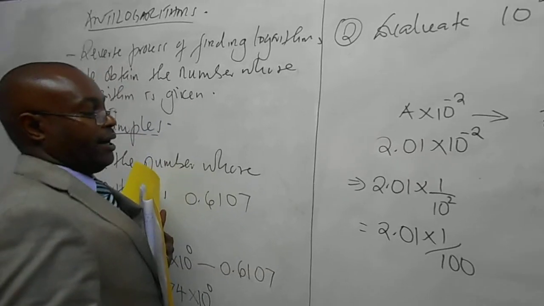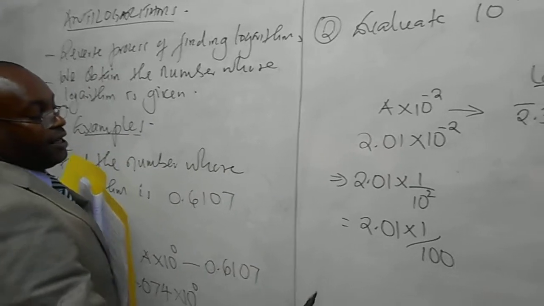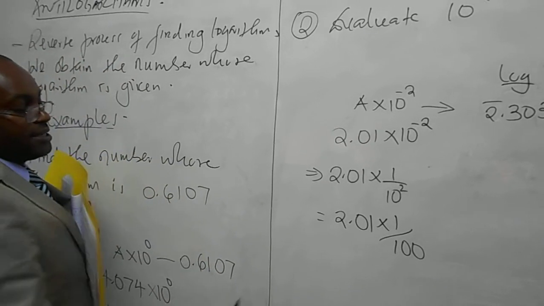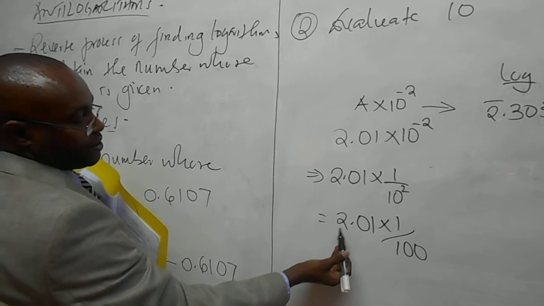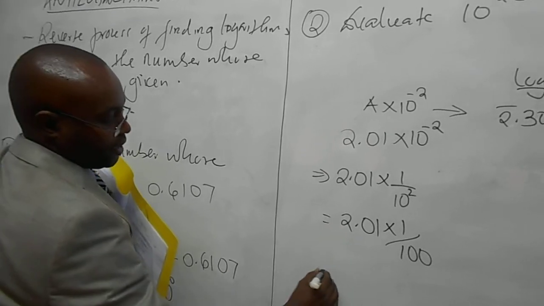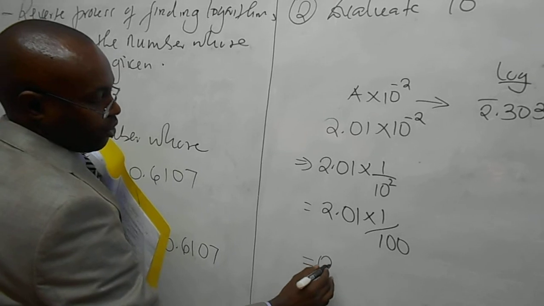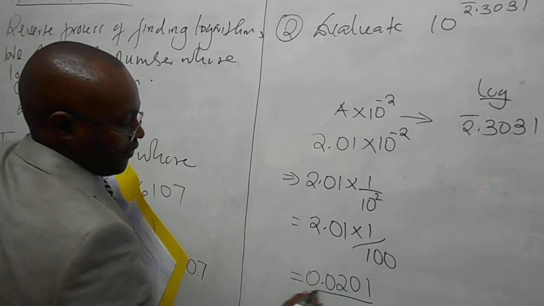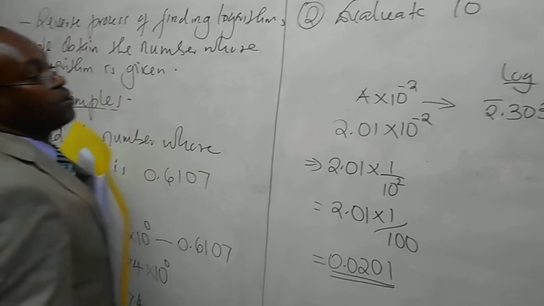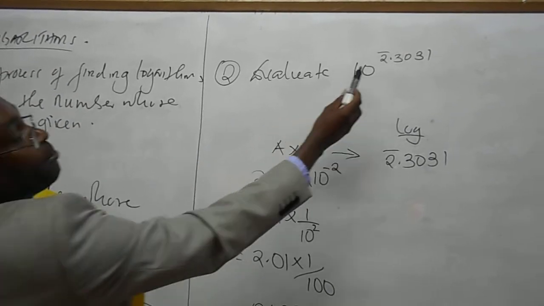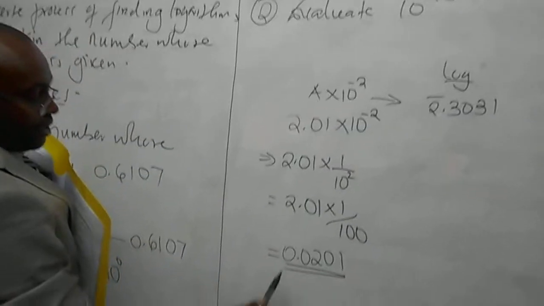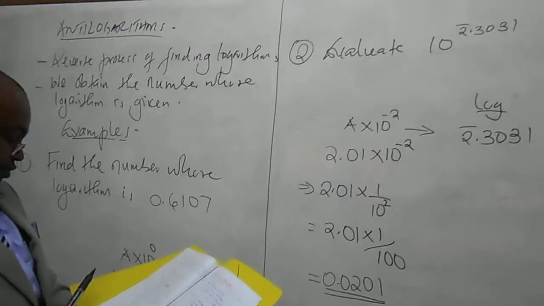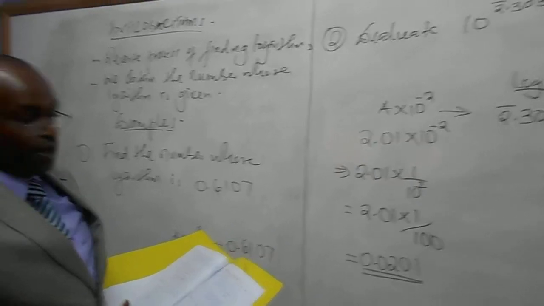To simplify this, you realize that the two zeros will take care of two decimal places, and already we have one decimal place, so you're just going to add another one. So this is going to be 0.0201, and therefore the number whose logarithm is bar 2.3031 is 0.0201.